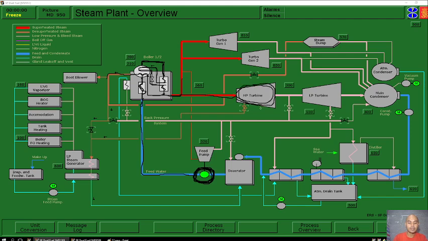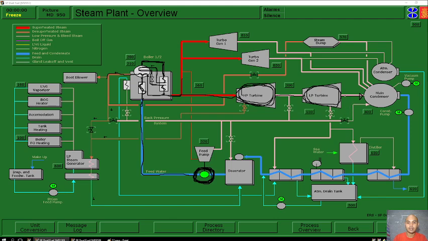It will help run the high pressure turbine, and then it will also go to the low pressure turbine. The low pressure turbine will also run, and then the used steam goes to our main condenser.